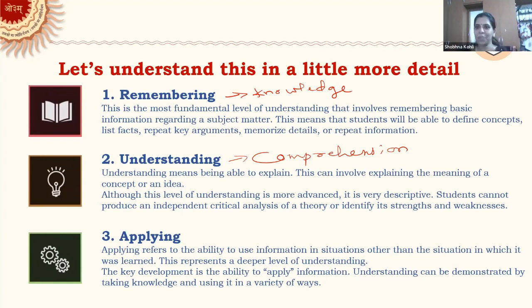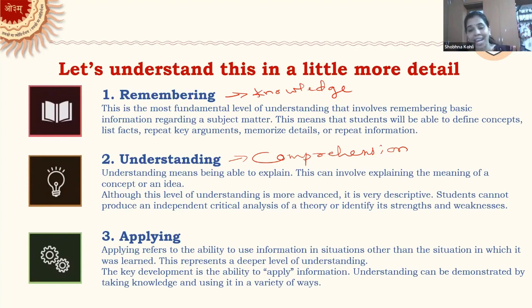I'll give you one simple example. We continue with the same example I gave for remembering tables, then understanding, and now applying. A child who knows the table and understands the concept behind it. Now, if mother asks him to go and buy biscuits from the shop, and gives him just ₹20 and asks him to buy 4 packets of biscuits, when he goes to the shop he sees one biscuit packet costs ₹5.